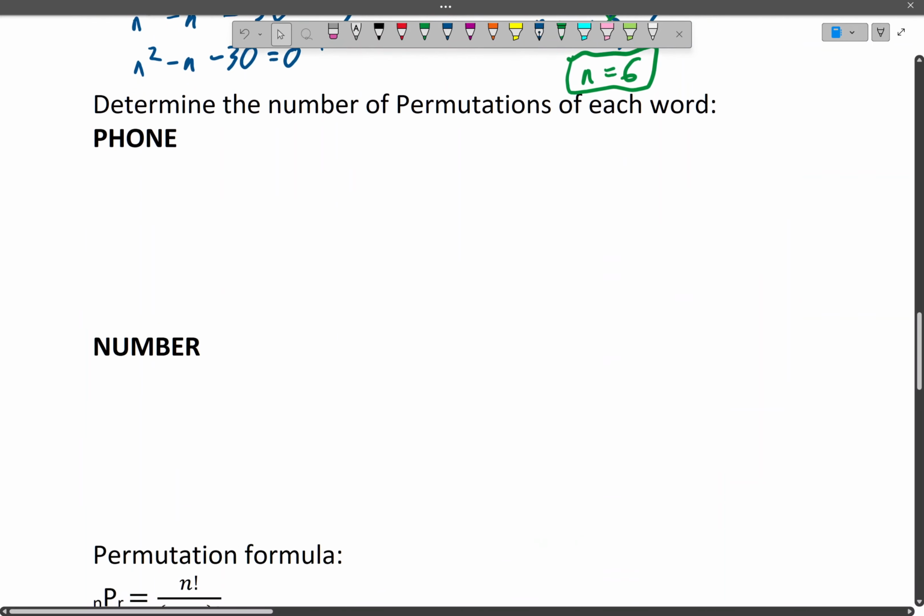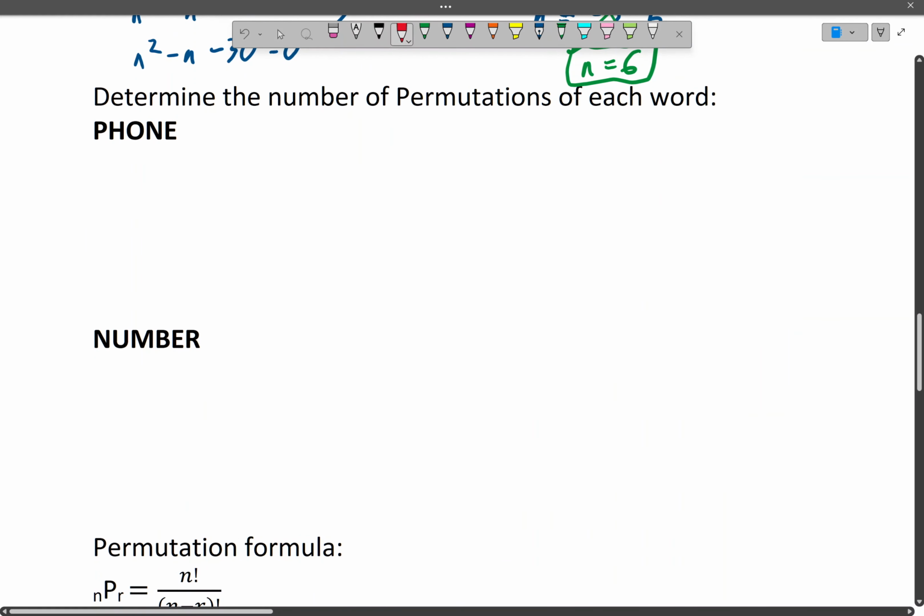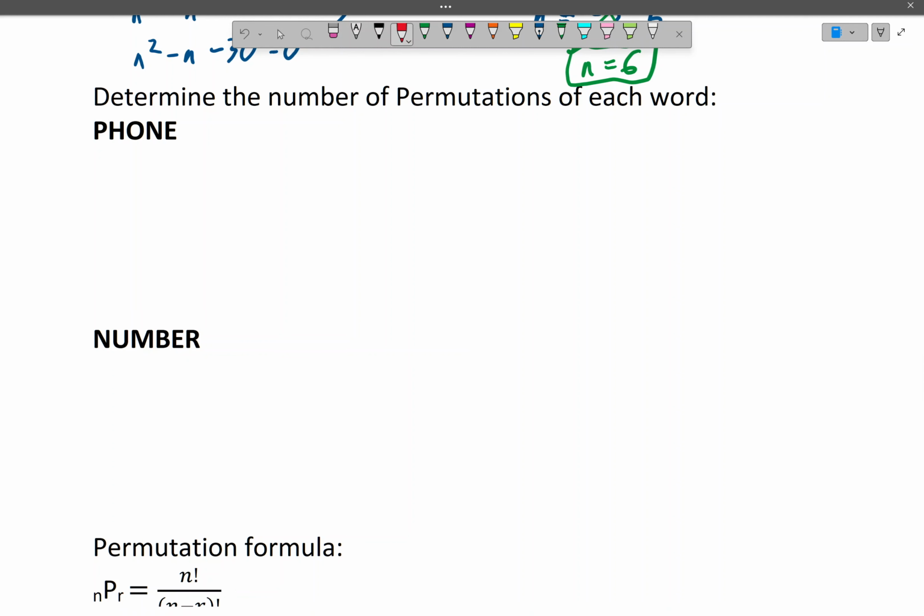Okay. Let's keep going with a couple different examples. So determine the number of permutations of each word. We have the word phone here. And every item in the list is unique. And so there you go. And we've got number afterwards, but we'll try phone first, and then you guys can try the other one.